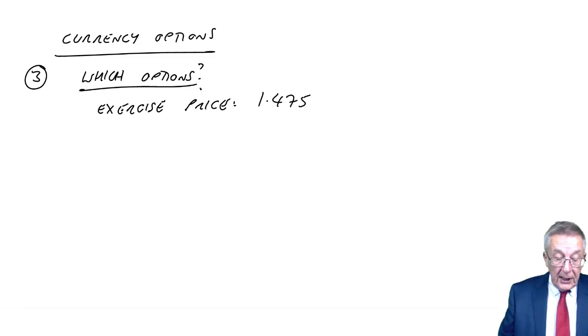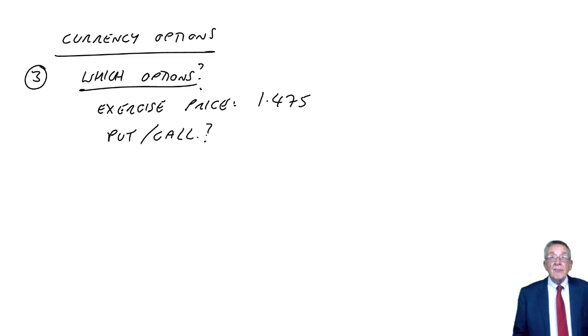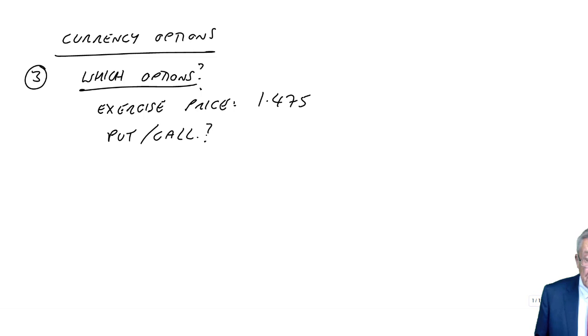We also need to know, do we want put options or call options? Well, remember, how we choose depends on whether we're buying or selling the contract currency. The contracts are 31,250 pounds.